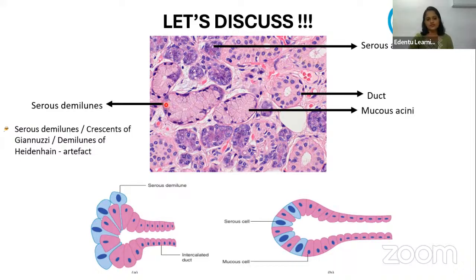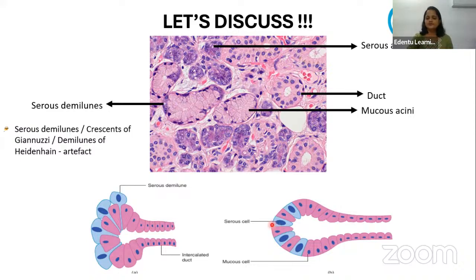When we did a frozen section, these serous demilunes were not there. This is the normal H&E section picture where you can see the serous demilunes. But this is the picture of the frozen section, where there were no serous demilunes. The serous cells were seen in between the mucous cells itself, and not above the mucous acini.